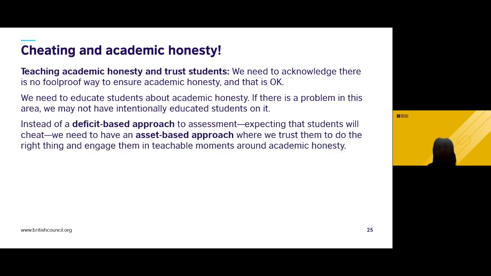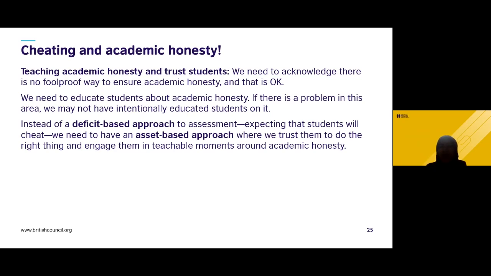And instead of following a deficit-based approach, trying to find mistakes and police the process and corner them, like, oh yes, I caught you cheating, I know you're copying from the internet, that's bad, I'm clever because I found that out, let's not do that.